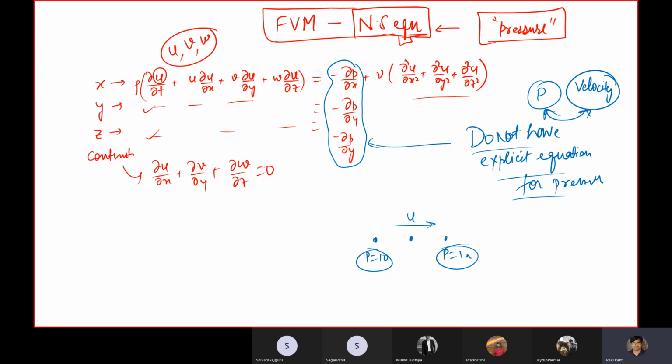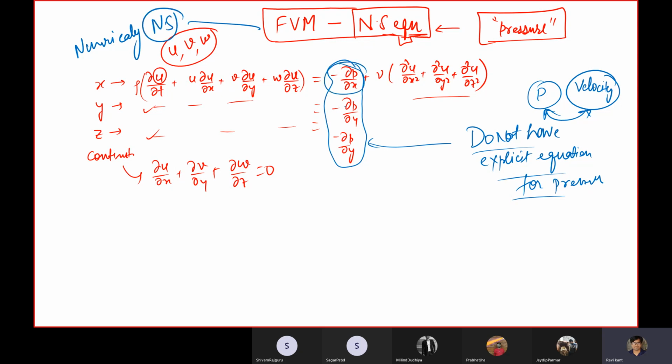So pressure is there because of velocity, and velocity is there because of pressure. Both are interrelated, and in a way complementary to each other. So the only focus in numerically solving the Navier-Stokes equation is to somehow handle the pressure term.